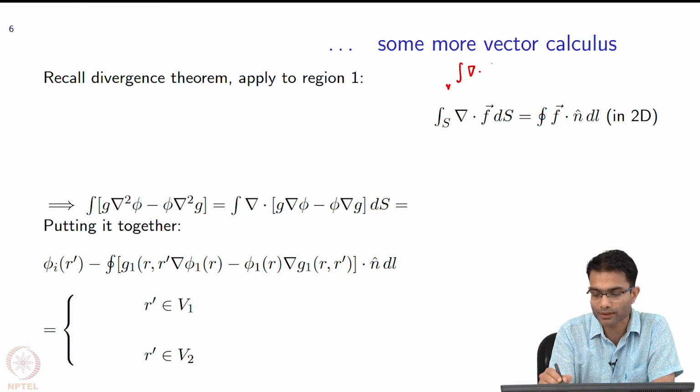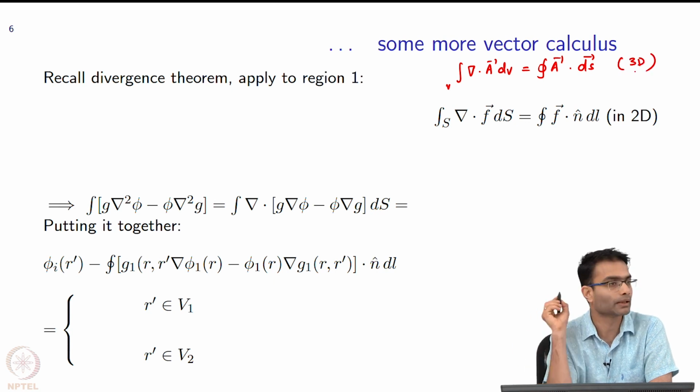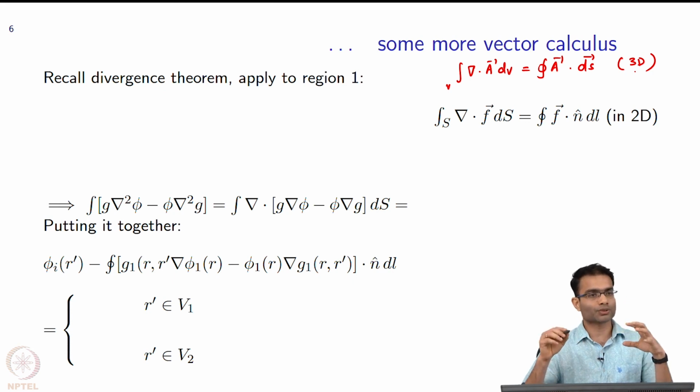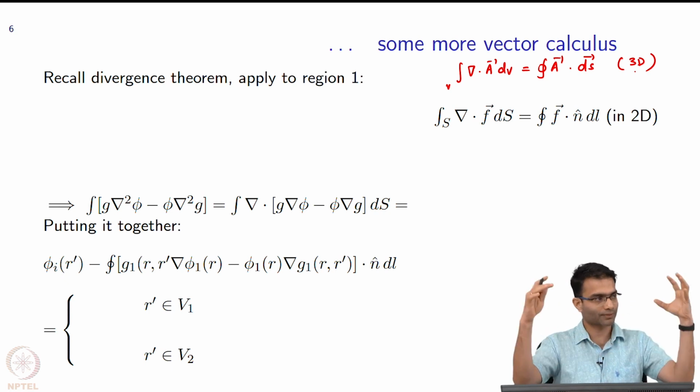It said that when I integrate del dot A over dV, I got the flux of A over dS. That was in 3D. We are used to thinking of divergence theorem for all the years of our schooling. We are used to thinking of it as a 3D thing, right? There is a volume and there is a surface flux from it.